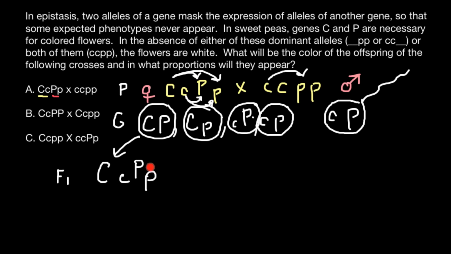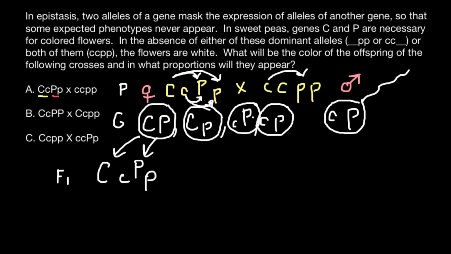So this small p goes from here, this small c goes here, and this capital C goes here, and this capital P goes here. So this would be the first possible genotype.